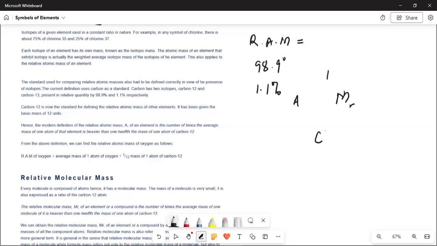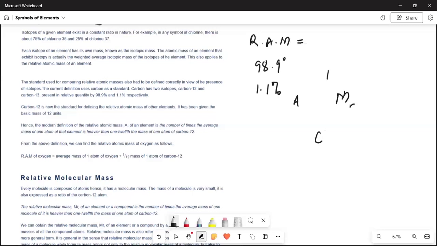Okay, so whether it is relative atomic mass or relative molecular mass, carbon 12 is still the standard. So how many times is that molecule heavier than 1/12 the mass of one atom of carbon 12? That gives the relative molecular mass of that molecule, whether it's a molecule of an element or a molecule of a compound.